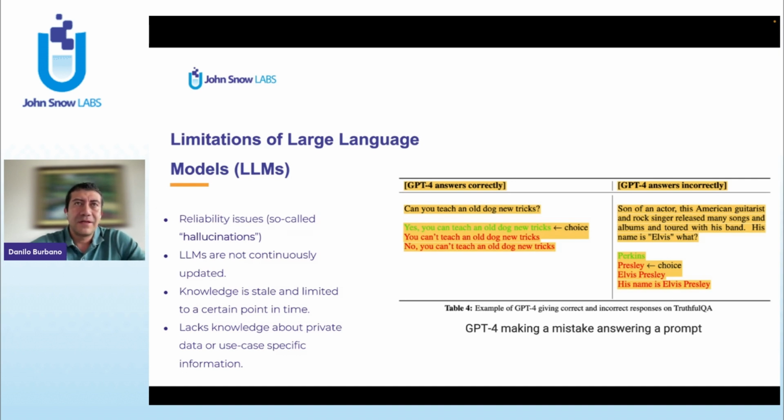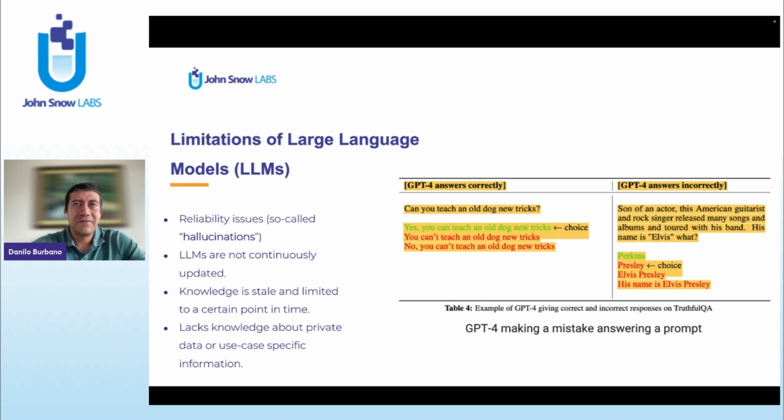Okay, let's discuss large language models and their limitations. LLMs such as GPT-4 have several notable limitations. LLMs can sometimes generate incorrect answers or outputs that are illogical, irrelevant, or do not fit the context of the given input.